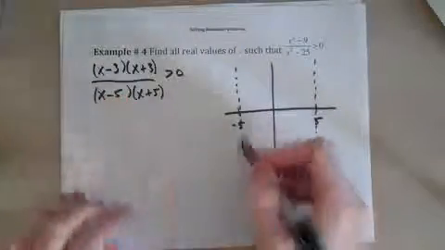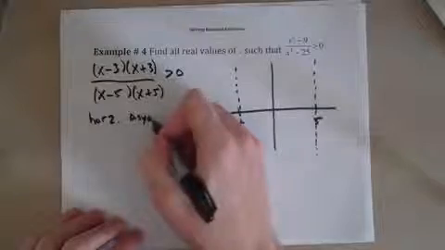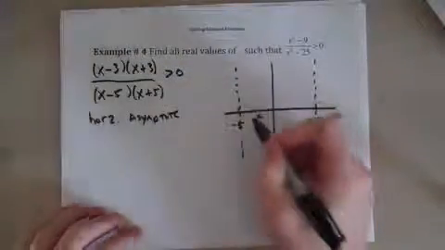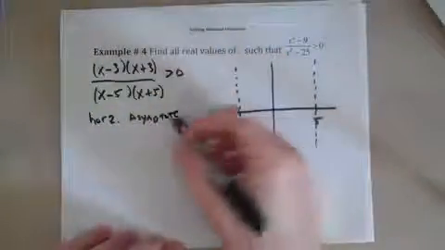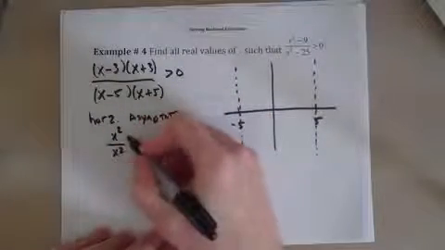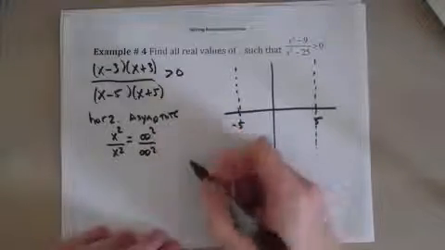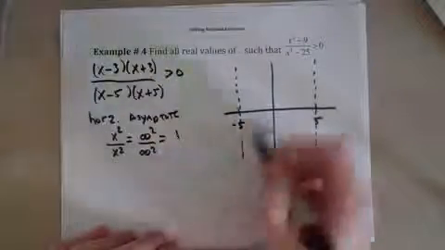And we're going to notice there's a horizontal asymptote at the ratio of x squared over x squared. Remember, if you were to do infinity squared over infinity squared, those would cancel and give you 1.